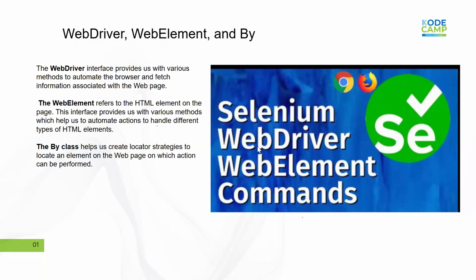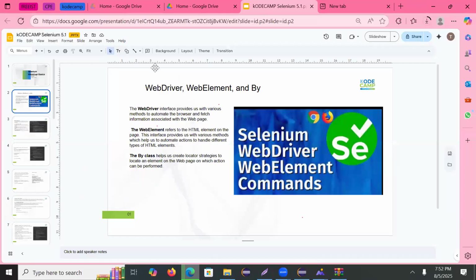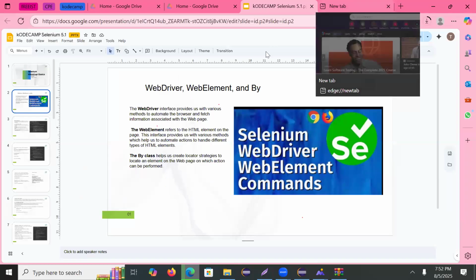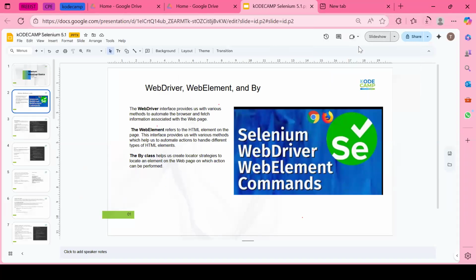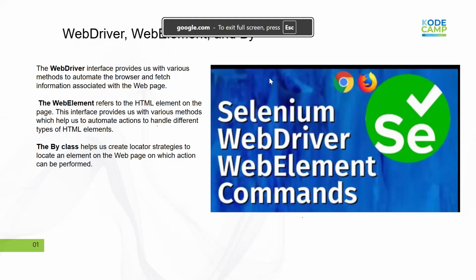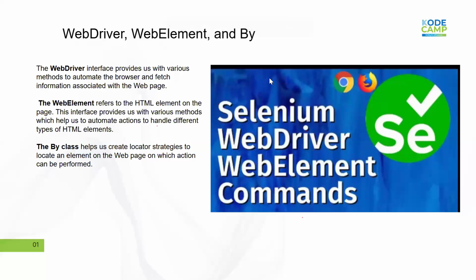Web elements are anything you can interact with. We took a whole section to explain this when we were doing manual testing. They are anything you can interact with on the browser, maybe an image, an icon, a drop down. All these things are web elements.